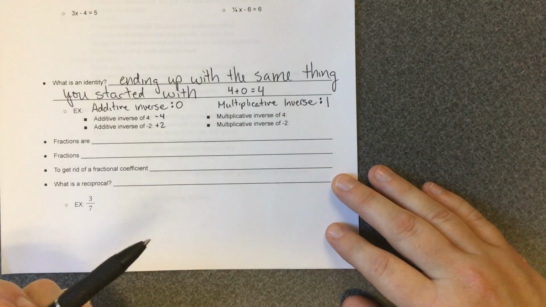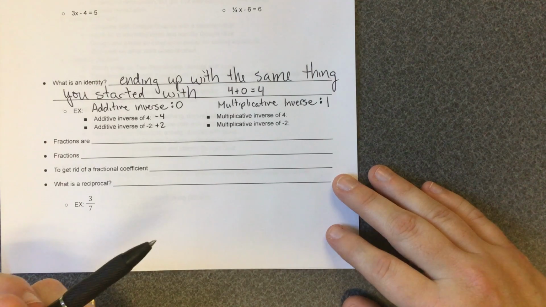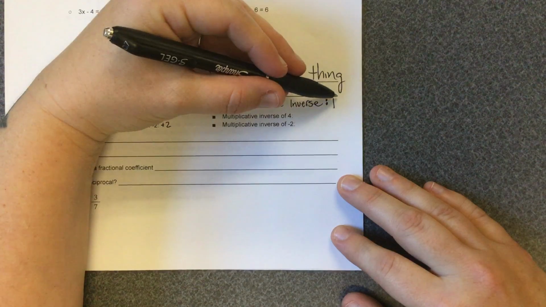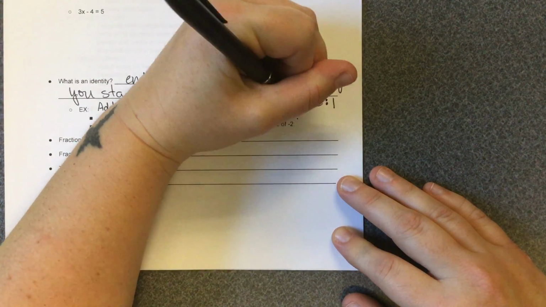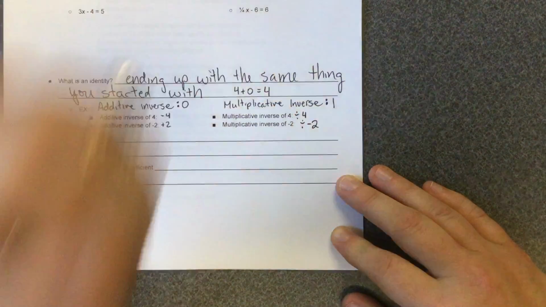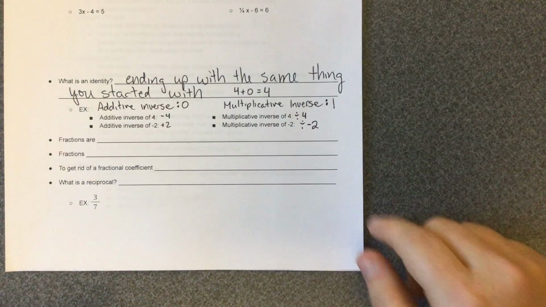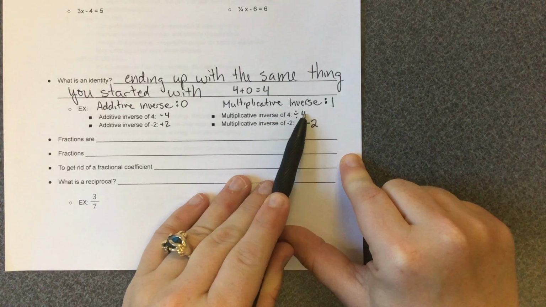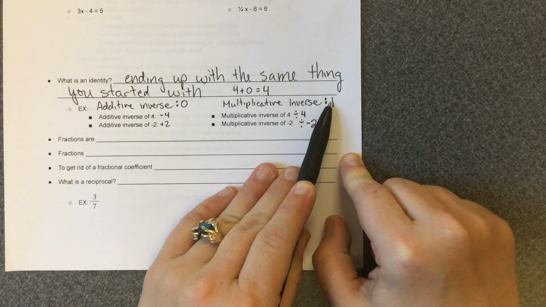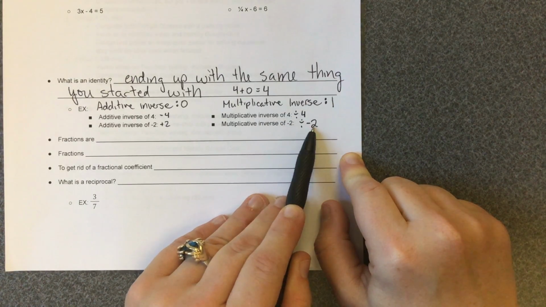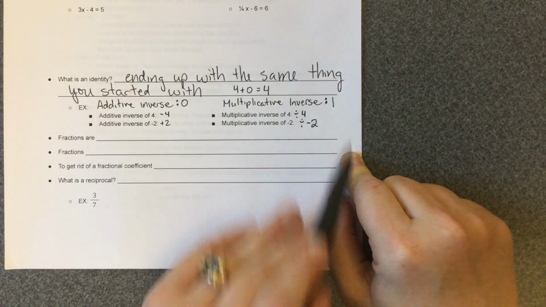So if anything times 1 is itself, then in order to get to 1, you would divide by itself. So if you had 4 times x, you would divide by 4 to get to 1x. If you had -2 times x, you would divide by -2 to get to that +1.